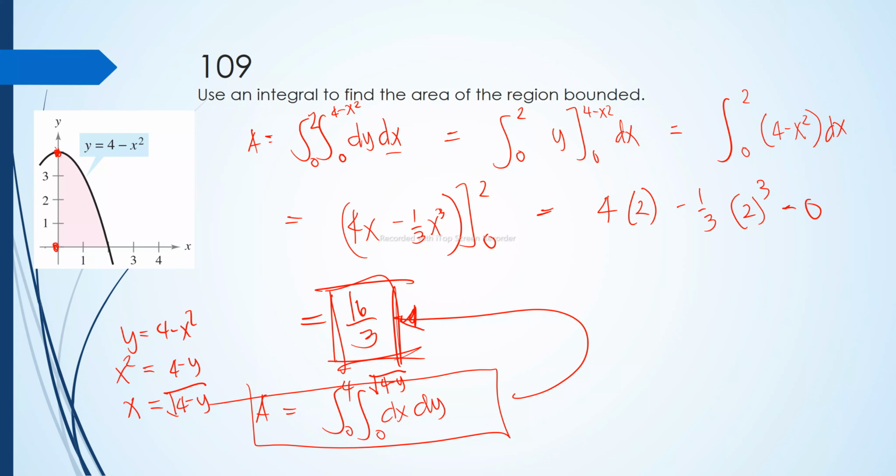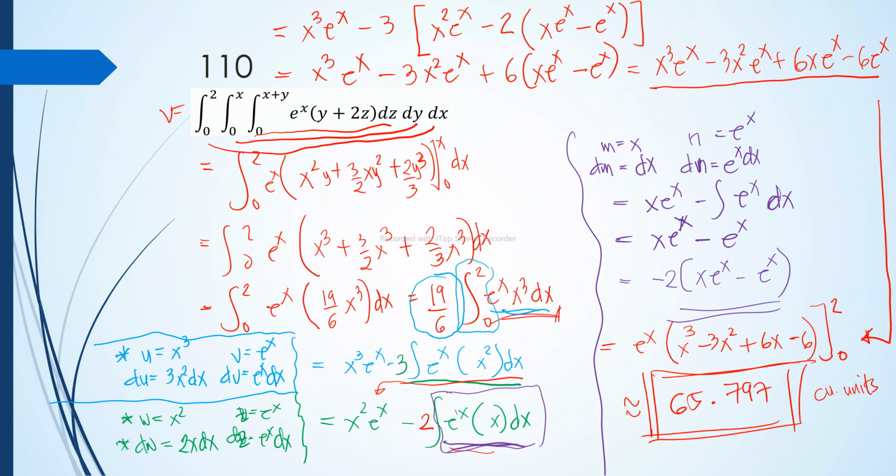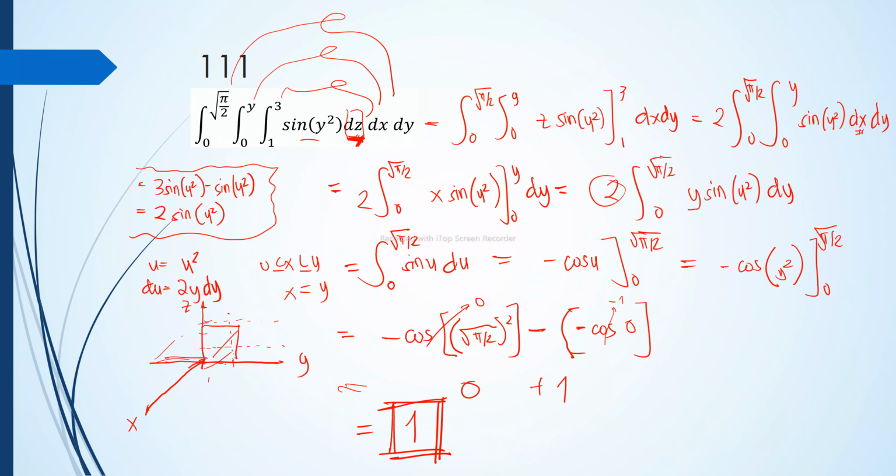So you just look at the outside and inside limits in order to graph or sketch the given integral. And then you just apply those basic integration rules. Eventually you will be able to get the volume or the area of the given integral. For this one, for our example 11, we get 1 cubic unit.